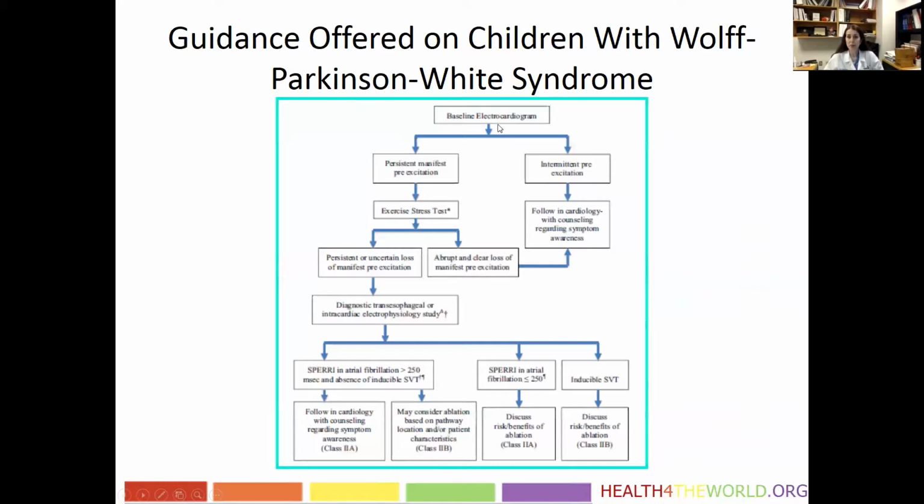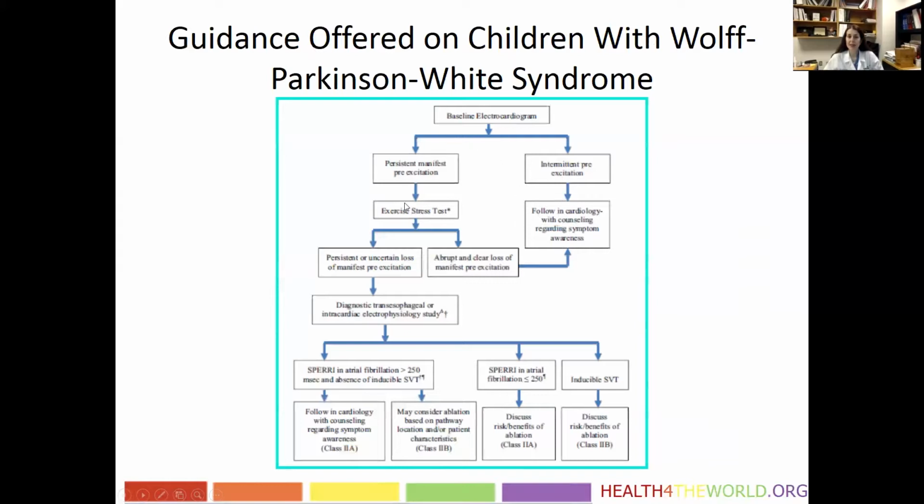So the first important thing is to look at the EKG and see if the pre-excitation is persistent or if it is intermittent. If it is intermittent, so some complexes are wide, some complexes are narrow, and the child has no symptoms, then the child can be just watched without any additional measures being taken.